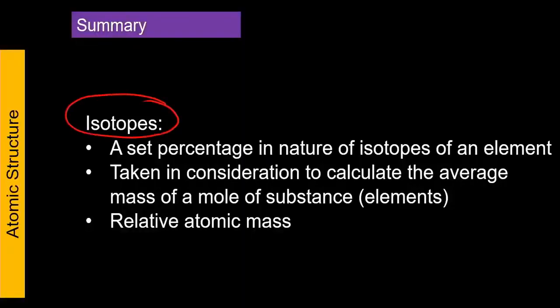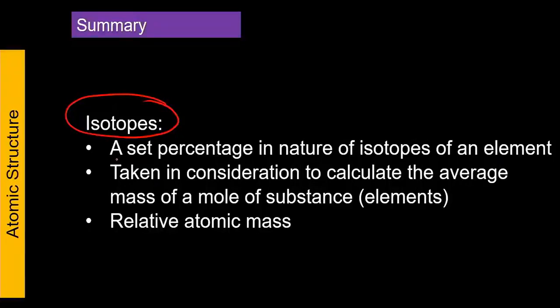This has quite a big impact on the mass of the atom because the number of neutrons can change. So it doesn't affect the charge on the atom, the number of neutrons, but it does affect the mass. And so we have what is called isotopes. So there is a percentage of isotopes that we find within a sample of atoms of a specific element.